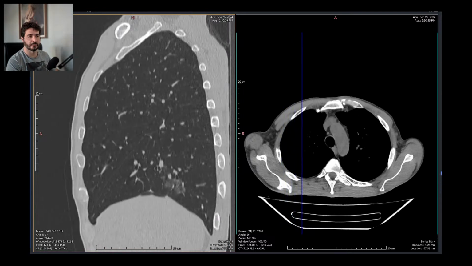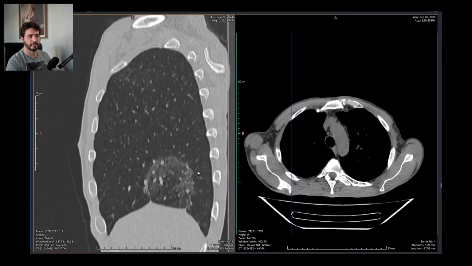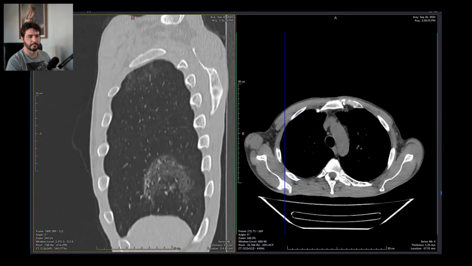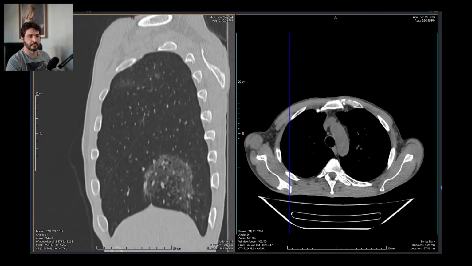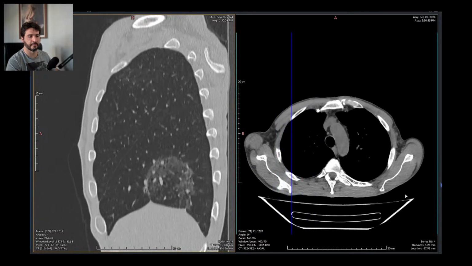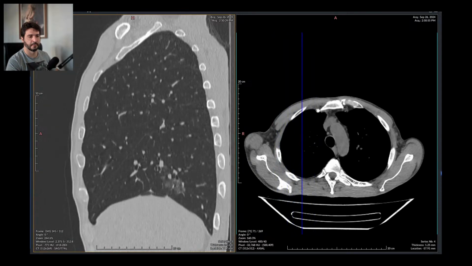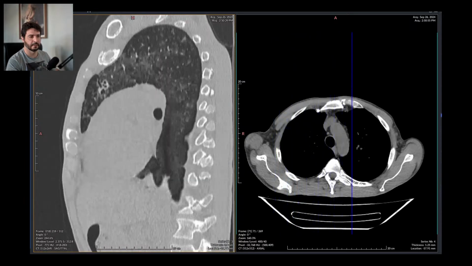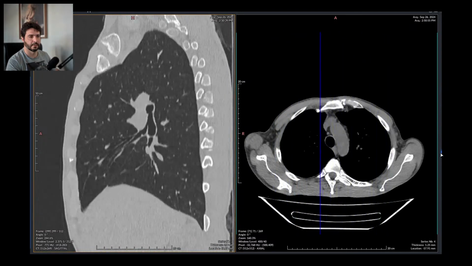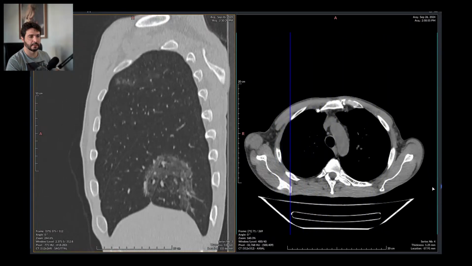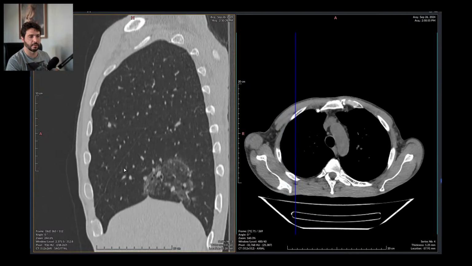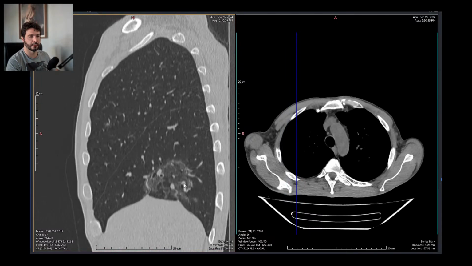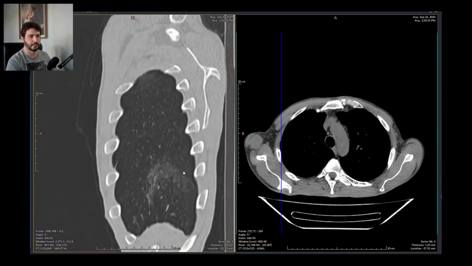There, this is a very peculiar morphology for this area right here. Kind of ground glass with the bronchiectasis and the small nodules and the micronodules with tree in bud.